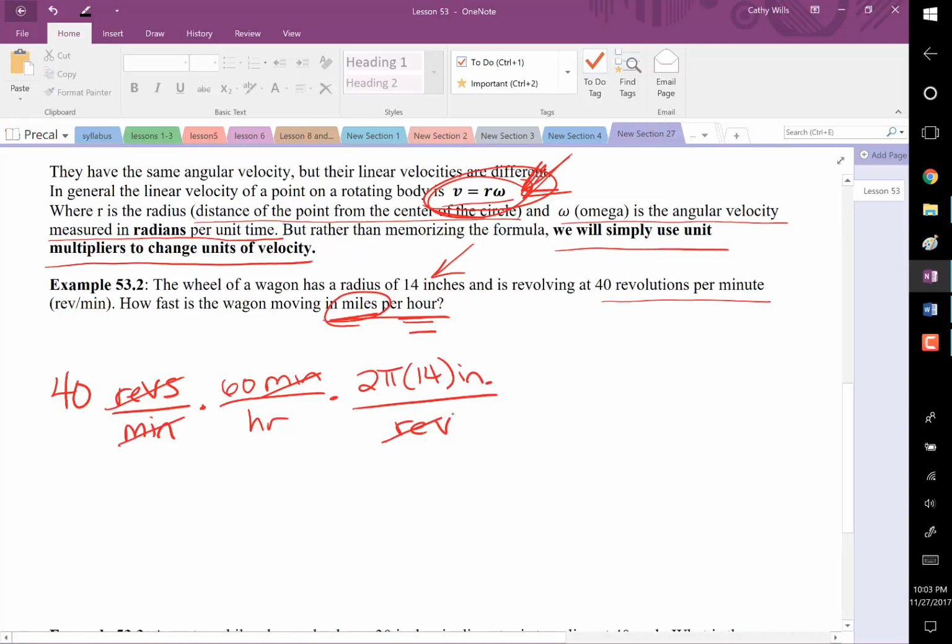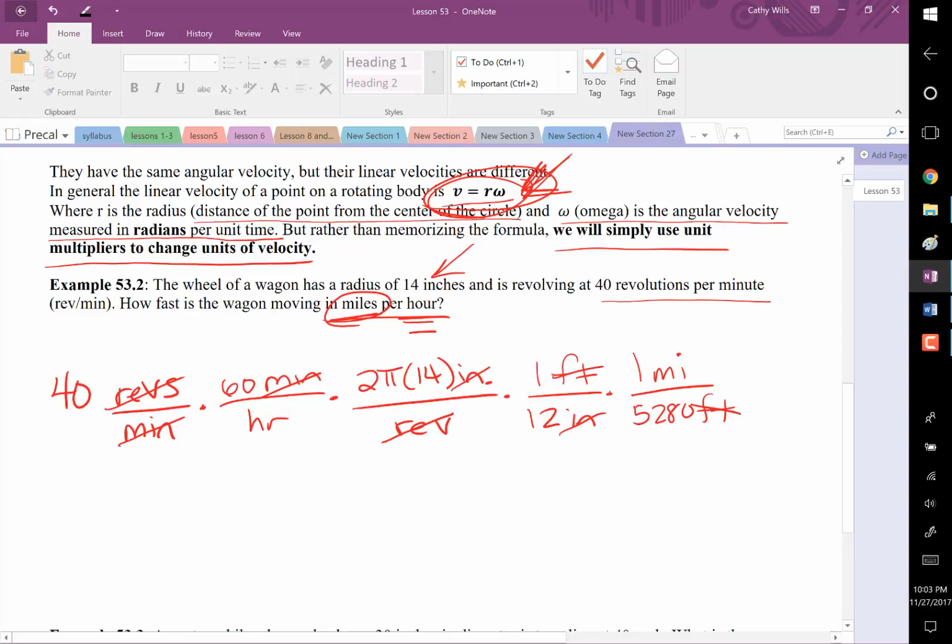That'll cancel my revolutions. All right, now I need to get this to miles. I've got inches, so I'm going to have to get it to feet. So there's 1 foot in 12 inches. That's going to cancel the inches. And then 1 mile, 5,280 feet. That's going to cancel the feet.